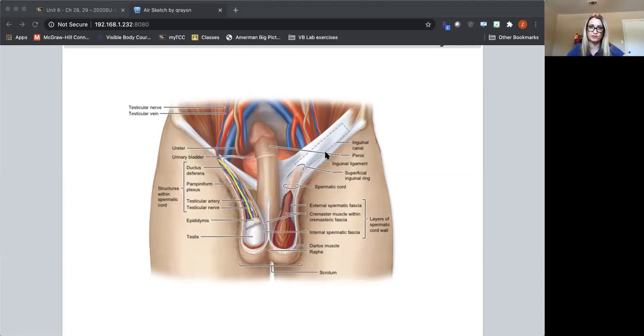It's just one vessel, a single artery. But then you can see that for the veins, there's not just a single vein running along it. The veins are actually arranged in a venous plexus, known as the pampiniform plexus here. And this plexus surrounds that single artery. So it's kind of like a meshwork of veins surrounding that single artery in the center.